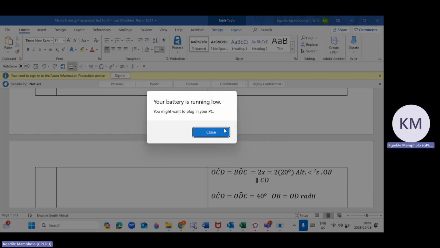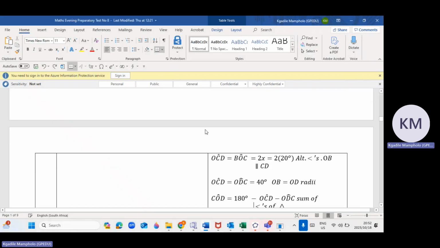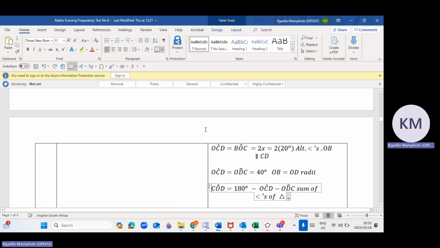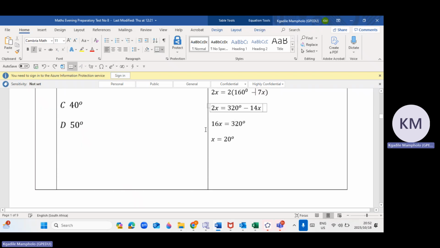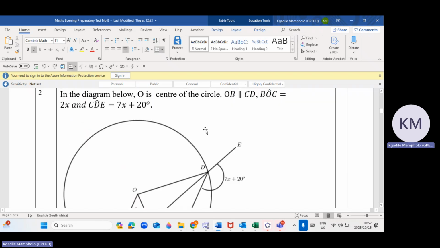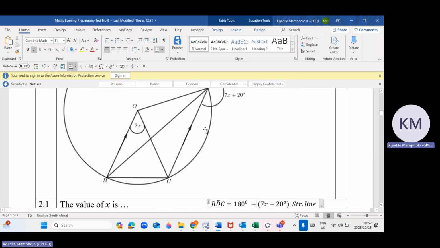Now you are calculating angle. You are required to calculate angle COD.